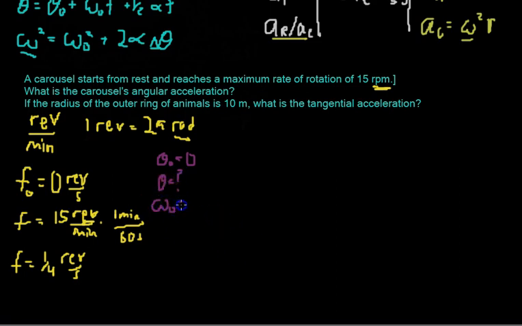I do know the initial angular velocity is 0. The final angular velocity is going to be 1/4 of a revolution per second times 2 pi radians per revolution, so we end up getting 0.5 radians per second. And alpha is what we're trying to find.